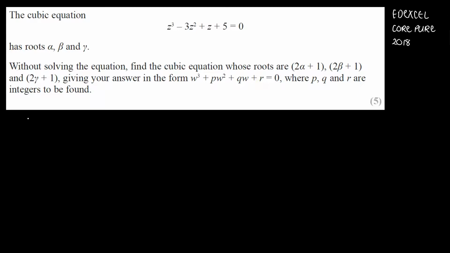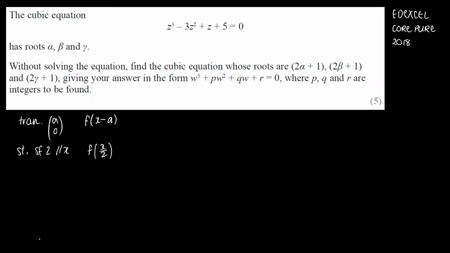So a translation of a unit in the positive x direction would be written as x minus a in the equation. Similarly, a stretch of scale factor 2 parallel to the x-axis would be written as x over 2 in your equation. So we're going to use that knowledge to help us out.